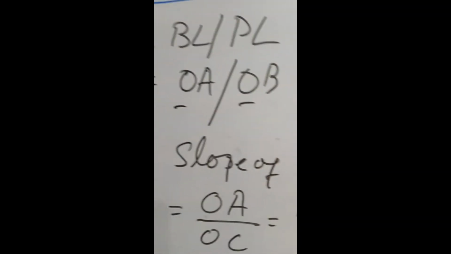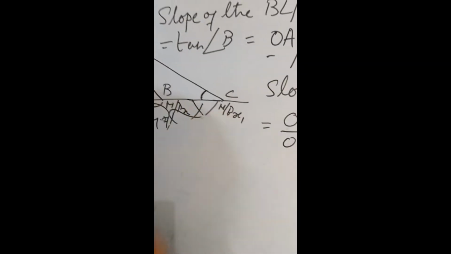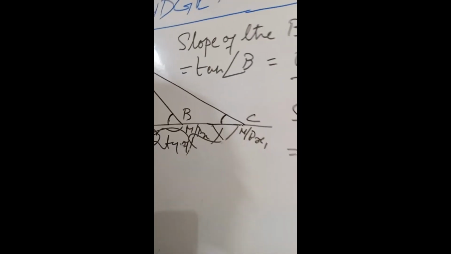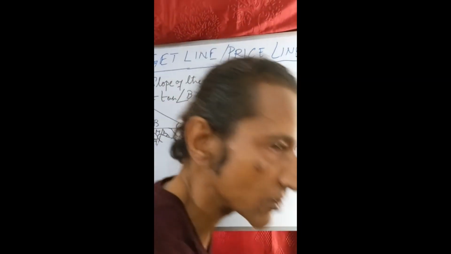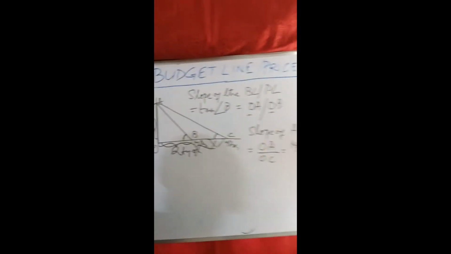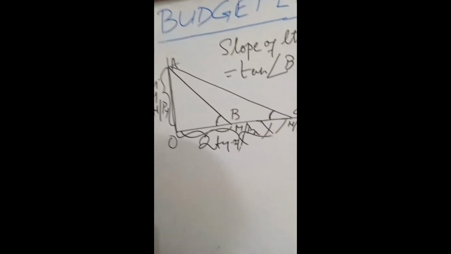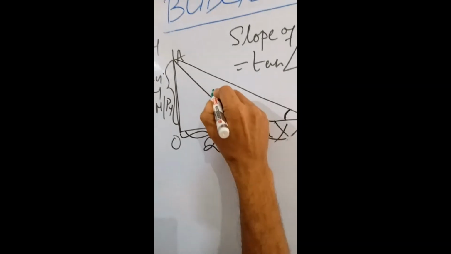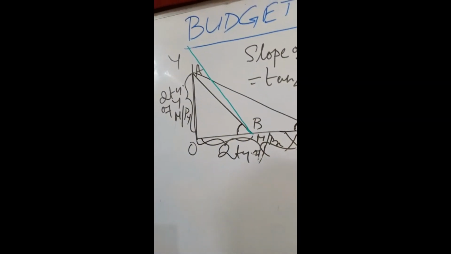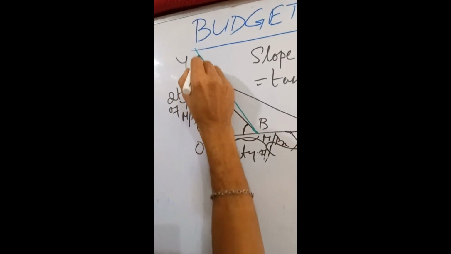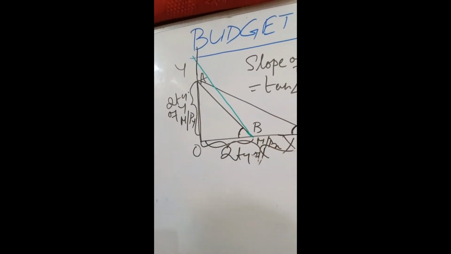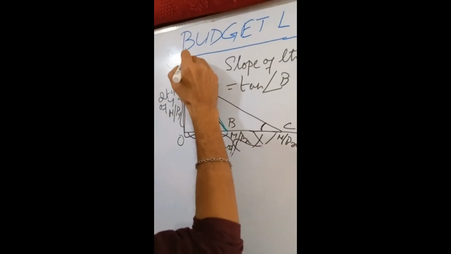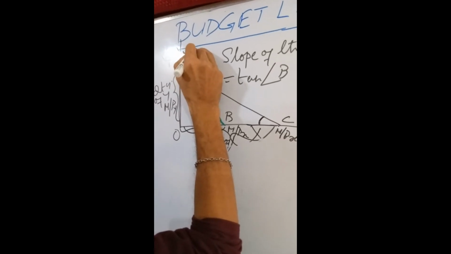On the other hand, if price of Y falls while price of X remains constant and income of the consumer also remains constant, then the budget line will be like this. Say this is M by Py1.